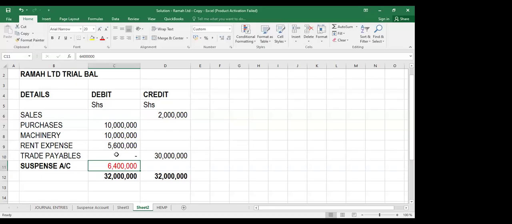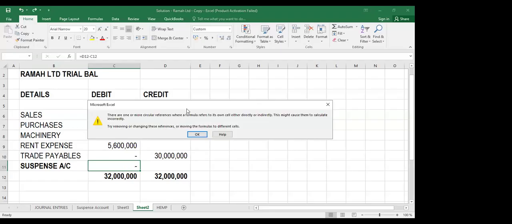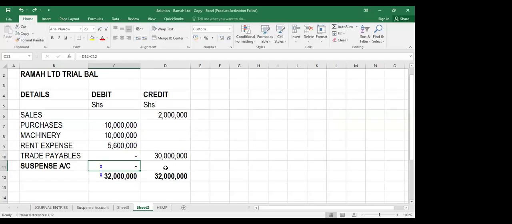It can be on the debit side, it can be on the credit side. But in this particular scenario, we are having our imbalance of 15.6, from the 25.6 and the 8 million.